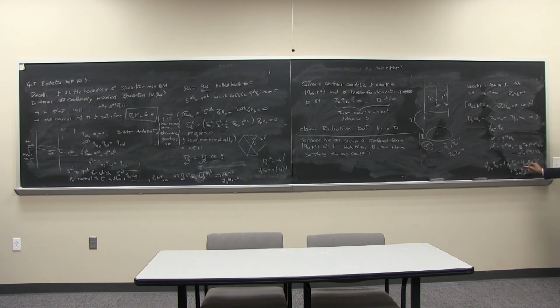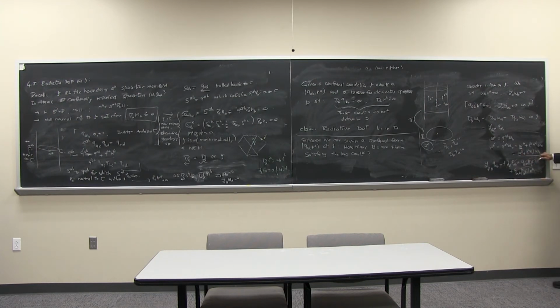N times Q is 0. N times Q is 0. Therefore, this is equal to 0. Therefore, the statement is that there is an ambiguity in what I mean by raising the index of the one form omega with this metric Q. But that ambiguity just adds to this omega a multiple of n.